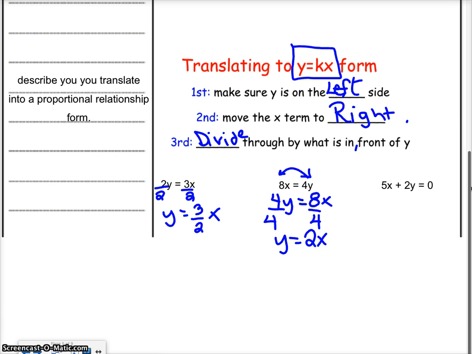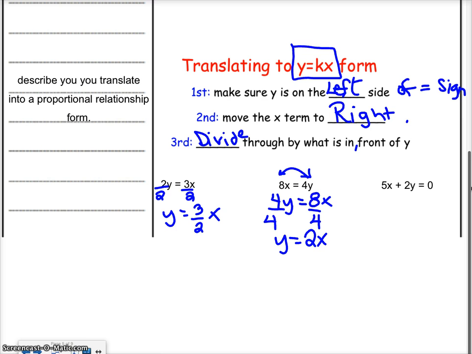I'm looking at this, and you might want your notes for today. You're just checking step 1, step 2, step 3. Step 1, y on the left. Is y on the left of the equal sign? Yes. Second, move x to the right. So this is a positive 5x. How do you move a positive 5? Minus.